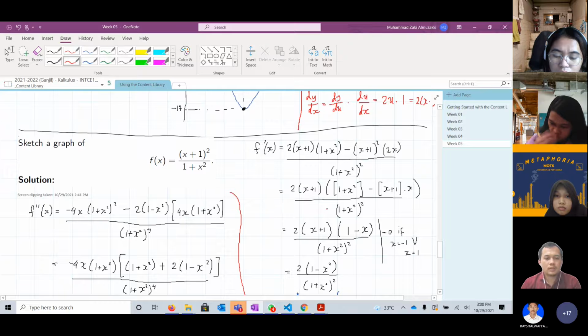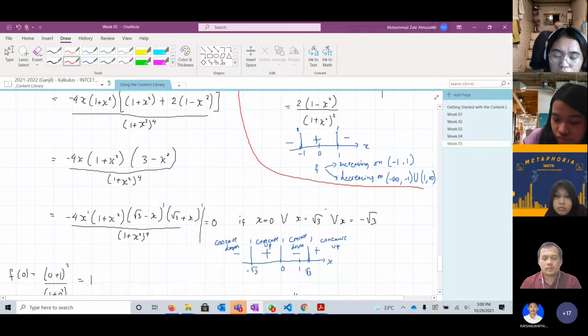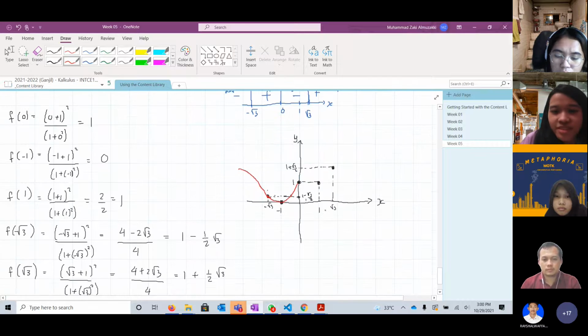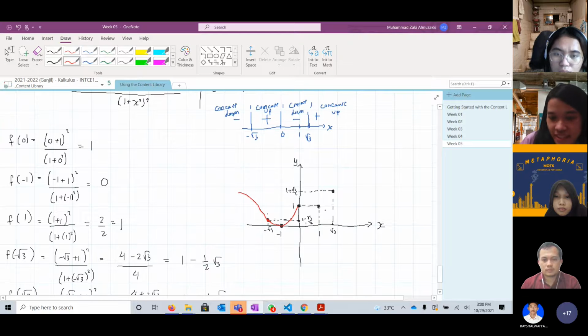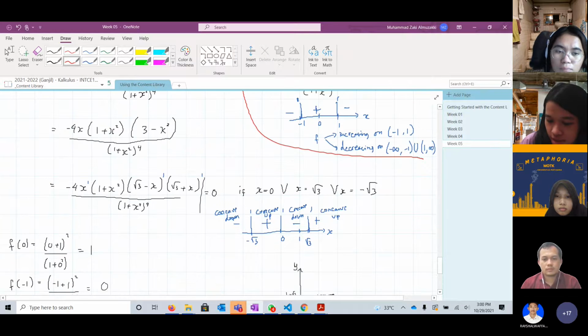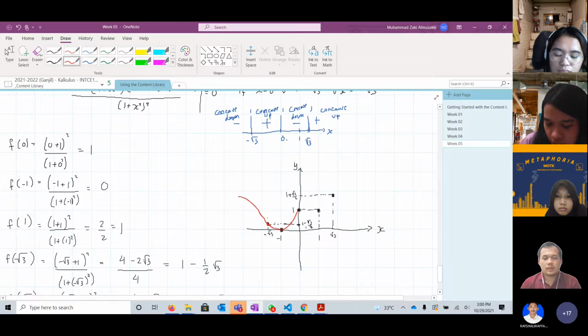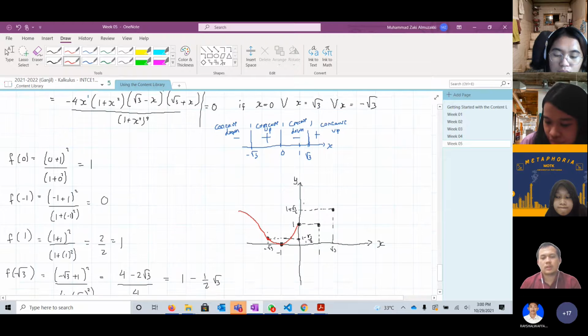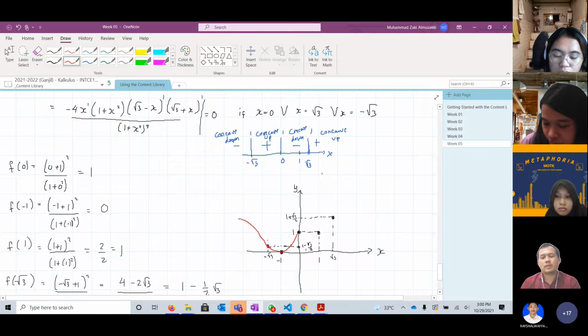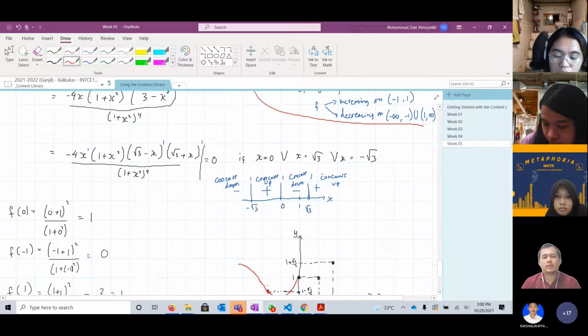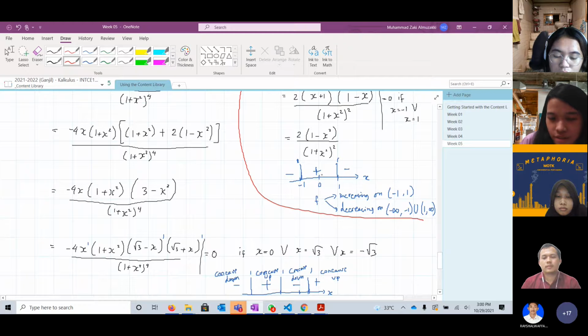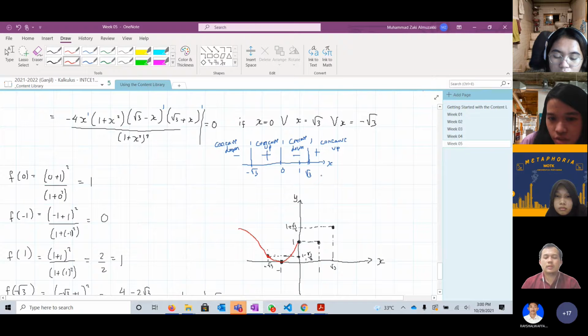Did I make a mistake? No. Concave up until 0, and then concave down until square root of 3. How to build it? But we have increasing up to 1.